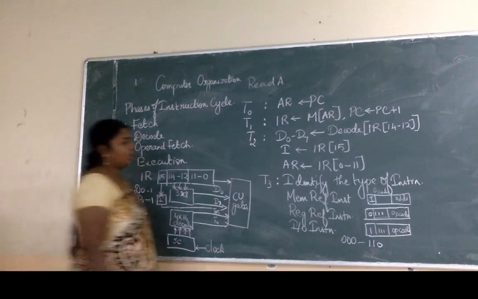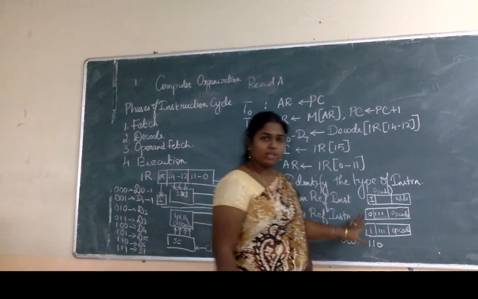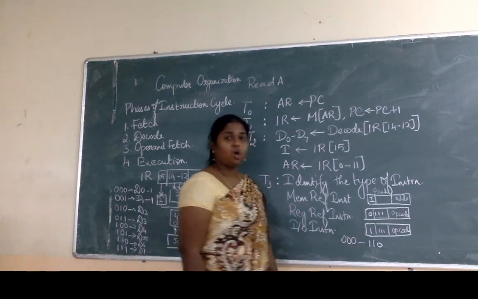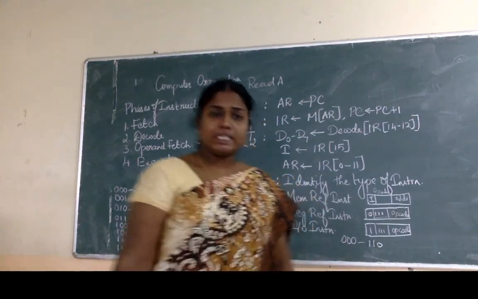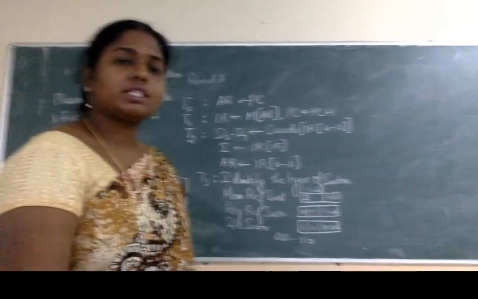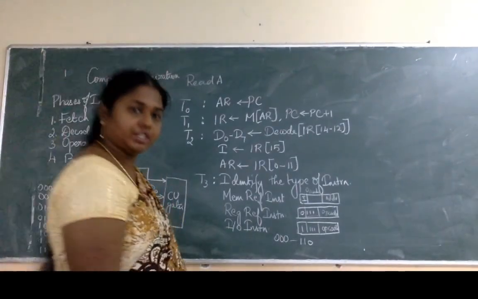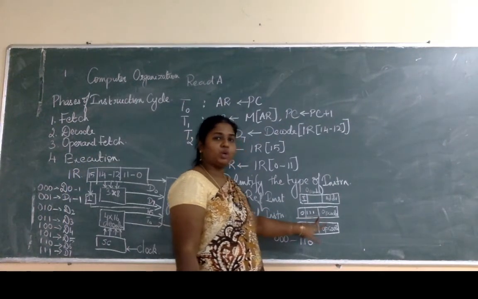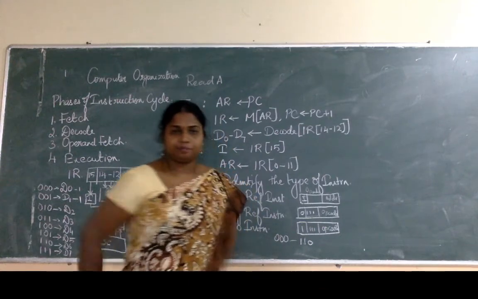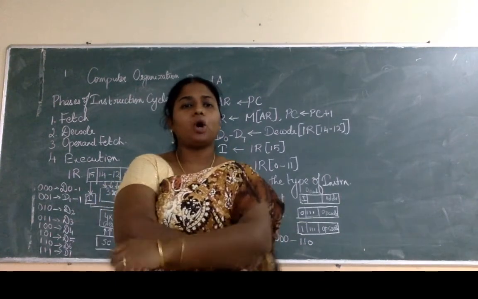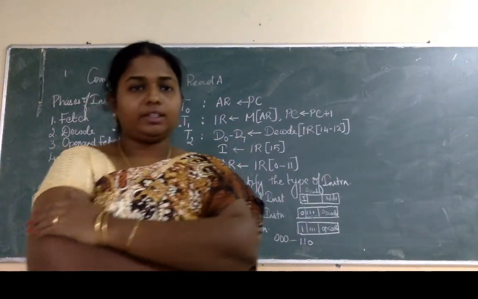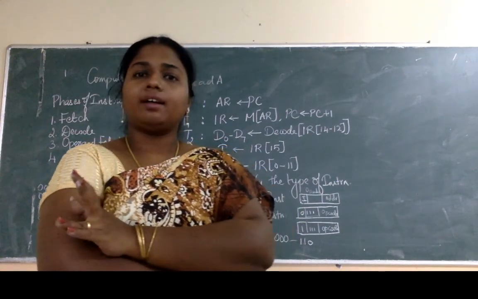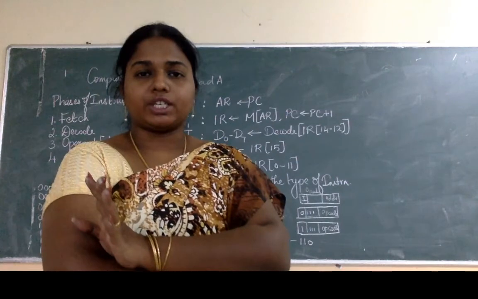Now, when you look inside the operation code of the different instructions, we see both the register reference and the IO operation have the bits 14 to 12 set to 1. So all three bits are going to be 1 for both the register reference instruction and the input-output instruction.